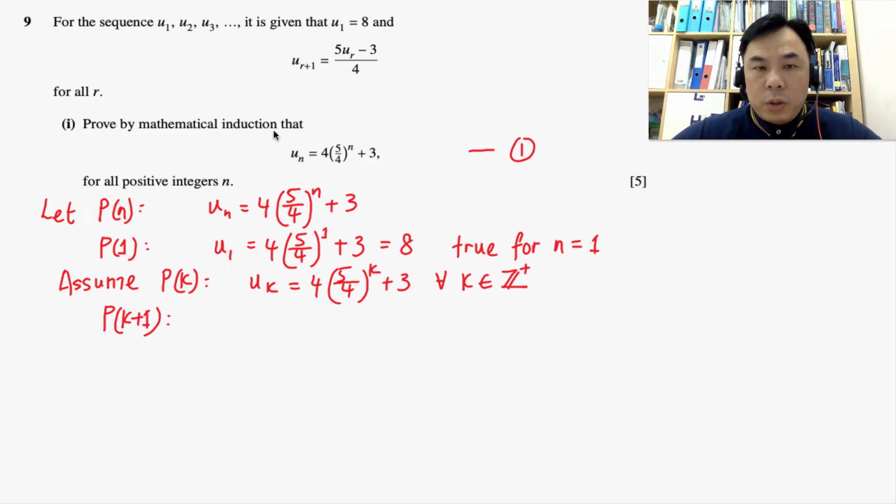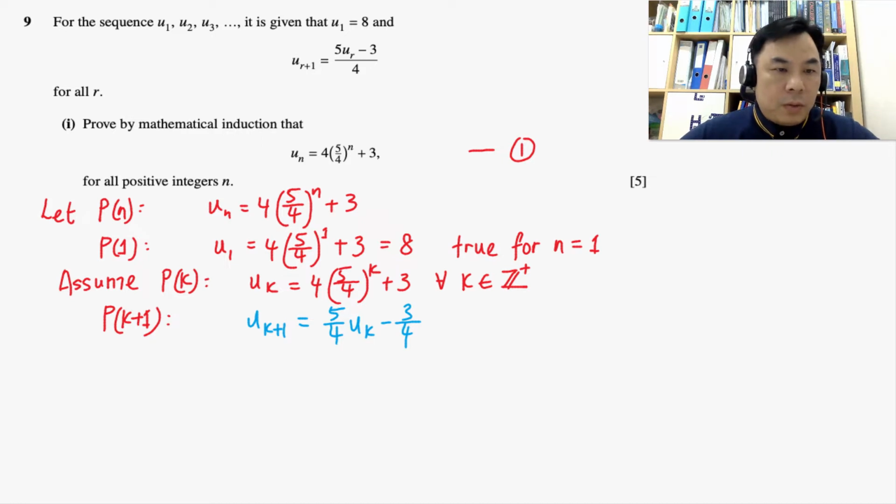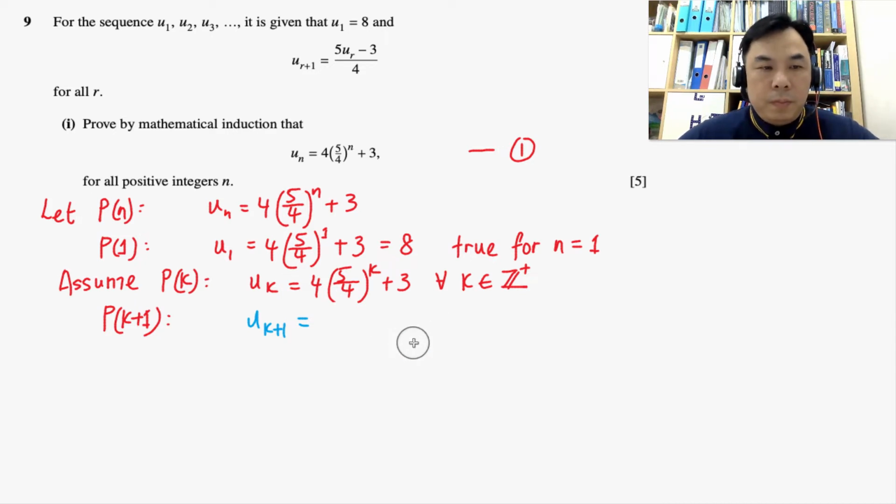Using the same approach here, we have uk plus 1, also starting from here, that is typically 5 over 4 uk minus 3 over 4 here. And then I think it's better if I factorize everything. It'll be easier. Okay, hold on, just let me work this out here.